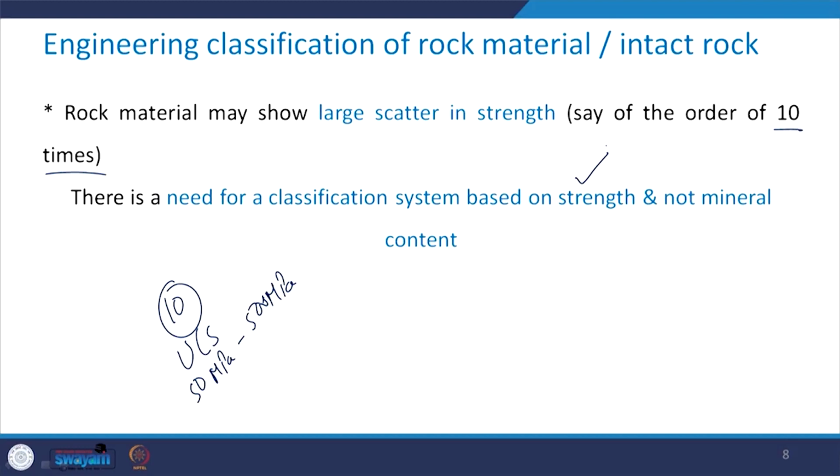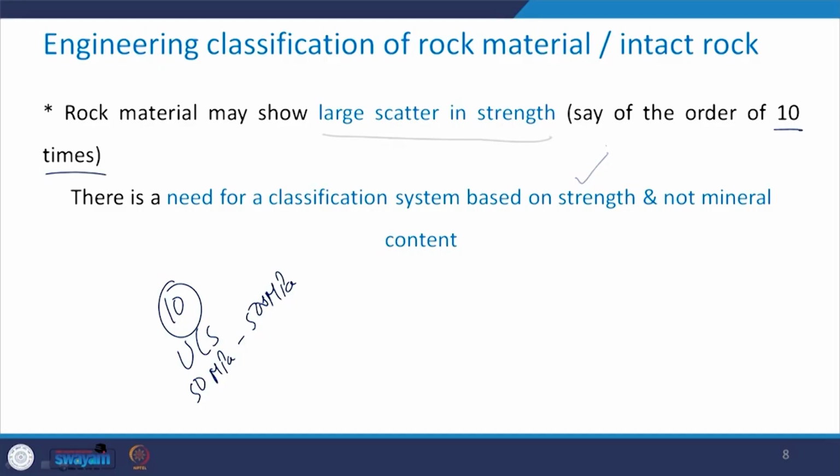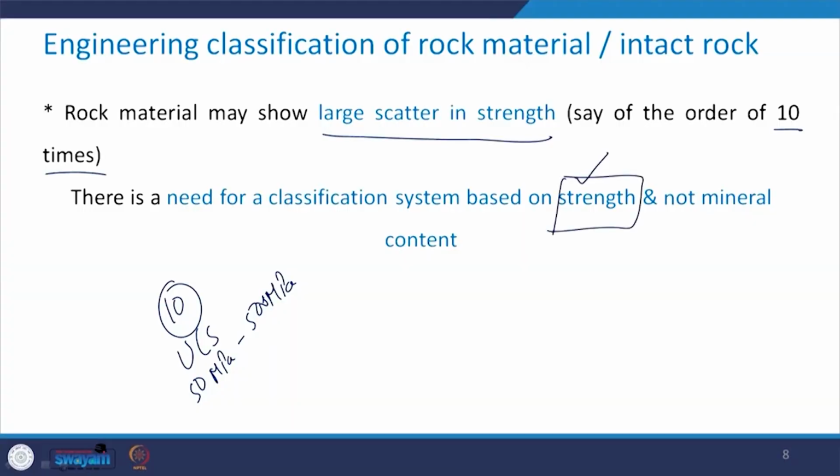But as far as engineering classification is concerned, this mineralogical composition cannot form a basis of the engineering classification of rocks or rock masses, because there is a large scatter in the strength characteristic of the rock material. So one needs to devise a different classification system based on the strength, and not on the mineral content.